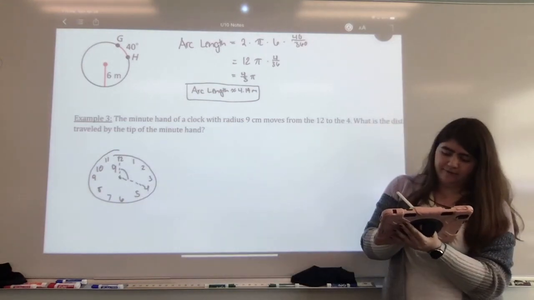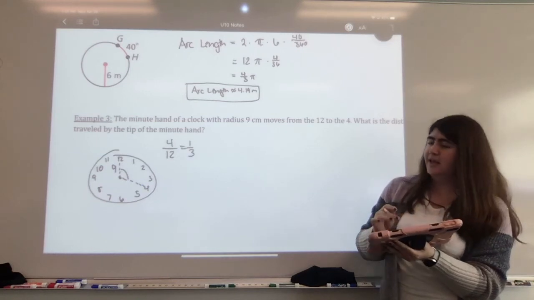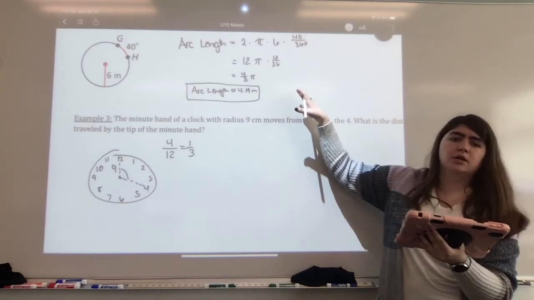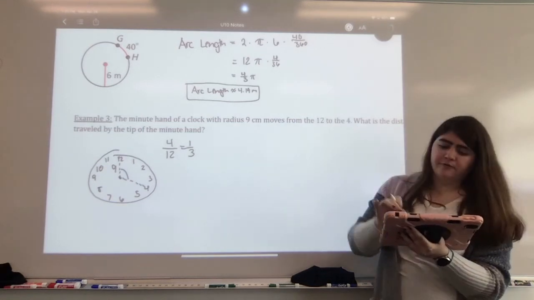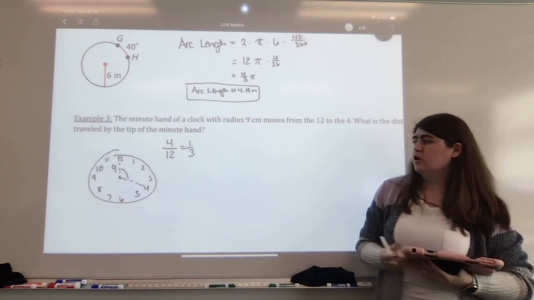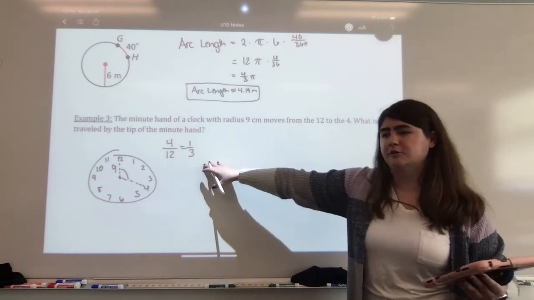So we have 4 out of 12, which is equal to 1/3. And that's the fraction that we're going to use in place of our degrees. So in our formula, we had some number of degrees out of the total of 360. We don't know how many degrees we have here, but we do know that it is 1/3 of the triangle, or sorry, of the circle.